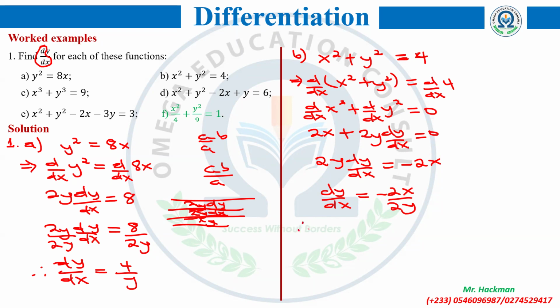So I'll write, therefore, my dy/dx that I was asked to find will be equal to minus x over y. Someone can also put therefore here, but the person will know that this can be reduced, then you come and write equal to, then give the reduced version. In any case, you still draw your conclusion.